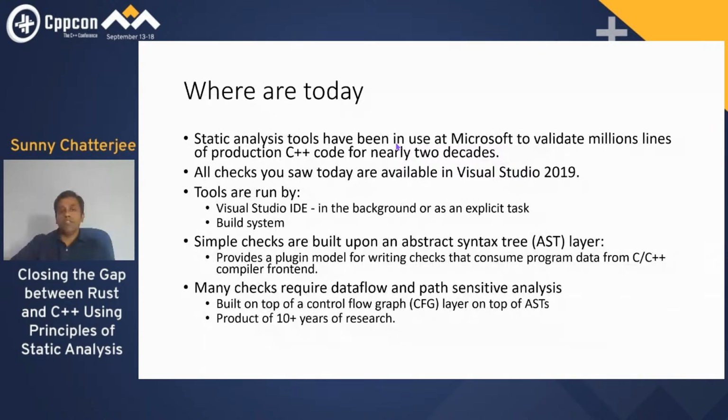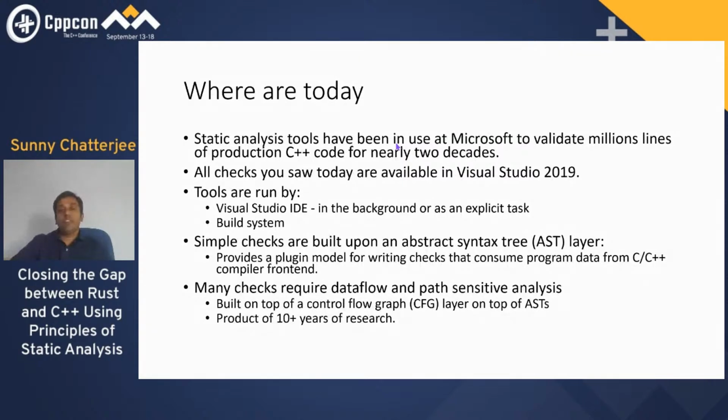You can run these tools by using the Visual Studio IDE. The checks will run in the background as you're working on your project, and they show up as green squiggles that point to the problem in your code. Once you fix the code, the green squiggles disappear. We also have a limited number of fixits for a limited number of checks. If we get good feedback, that's also something we are open to adding in the IDE experience.